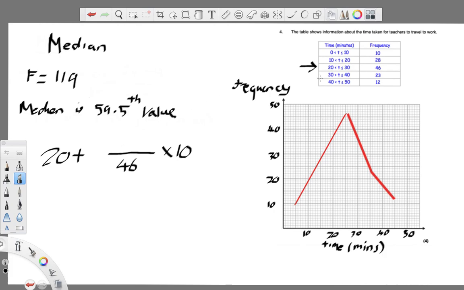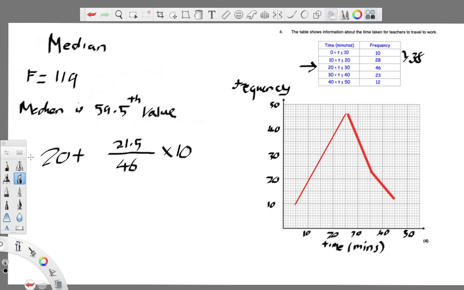Well, we knew that it didn't lie in the first two class widths because they summed to 38. So if we already had 38, we just need to know how far we've gone into this category here. So if we do 59.5, take away 38, we're left with 21.5. So we've gone 21.5 places into that width.